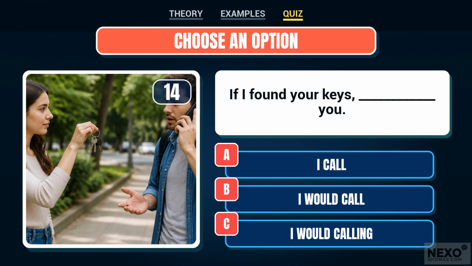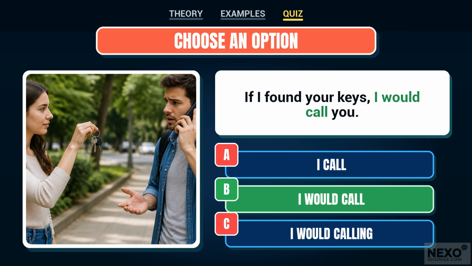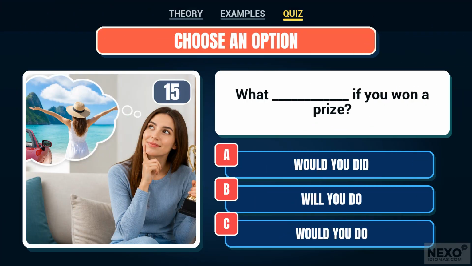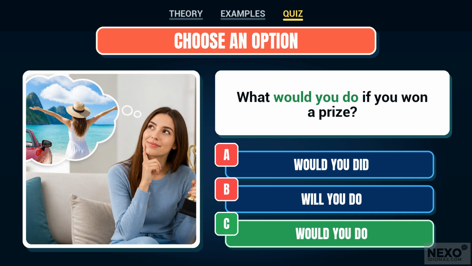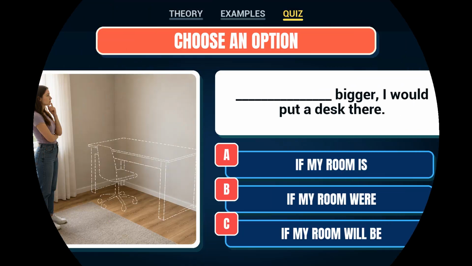If I found your keys, I would call you. What would you do if you won a prize?